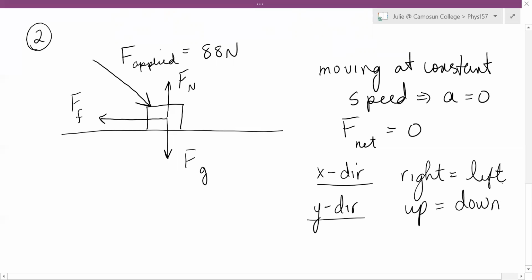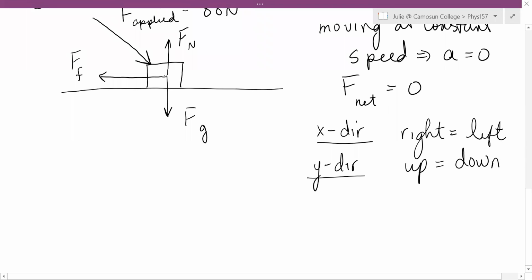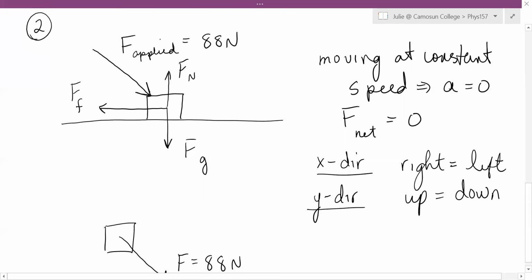Okay, but before you can apply the up, down, left, right, you need to get that applied force into its components. Now, the way that it's pointing like that is not a very good way to try to figure out what's going on. It's actually coming out of the center and going this way. And it says it's at 45 degrees.